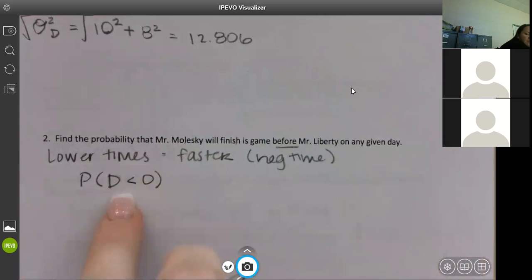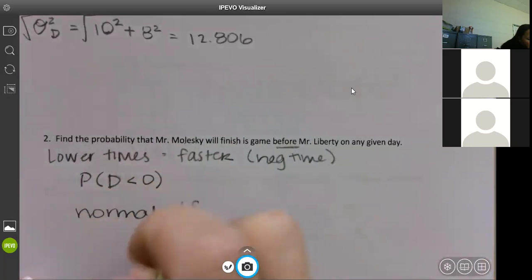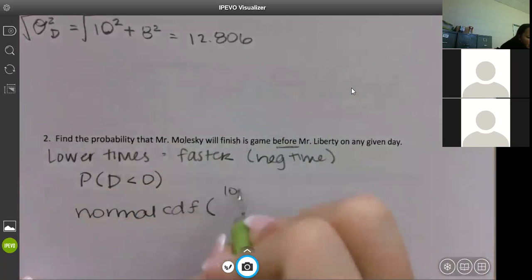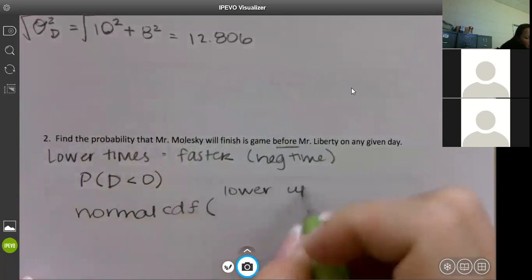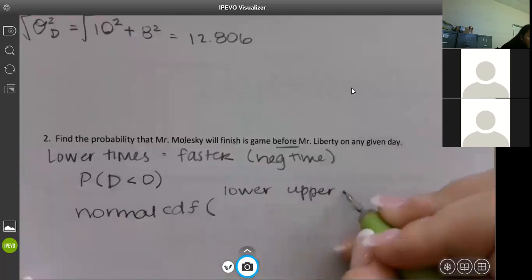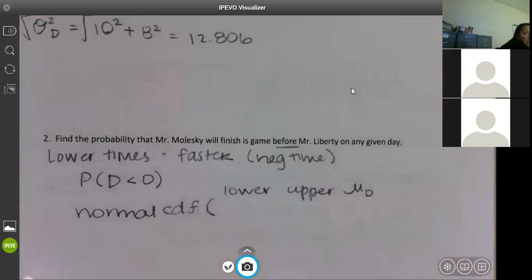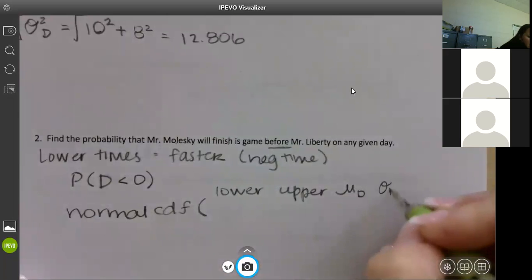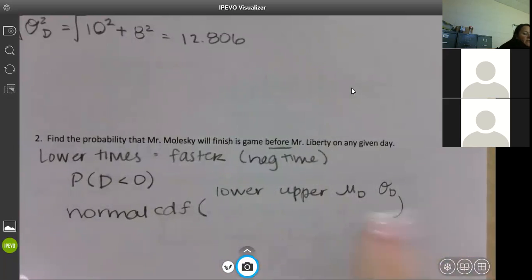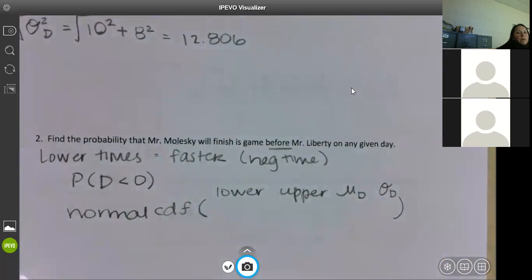So how do we find this in our calculator? We need our lower, our upper, our mean, and we're talking about the mean difference and the standard deviation of the difference. We've already calculated these from part 1.